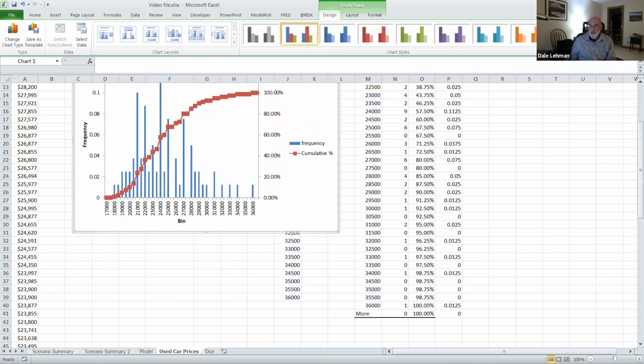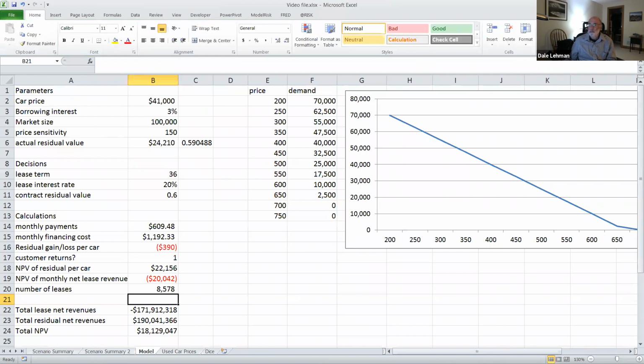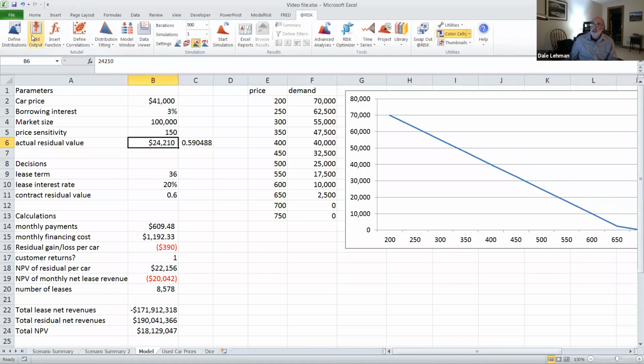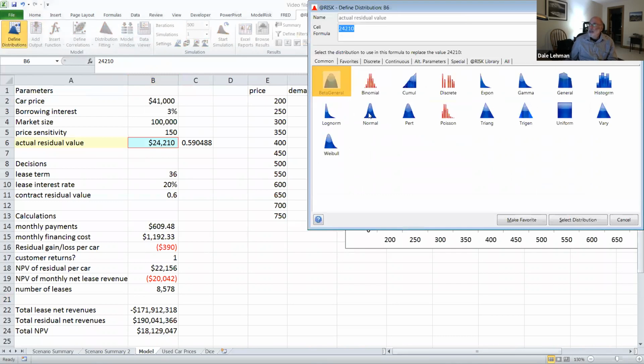So what I could do now is go to my model, and instead of using the actual residual value of 24,210, I could say, and this is software that we will be using in the course, let's put a probability distribution on that.